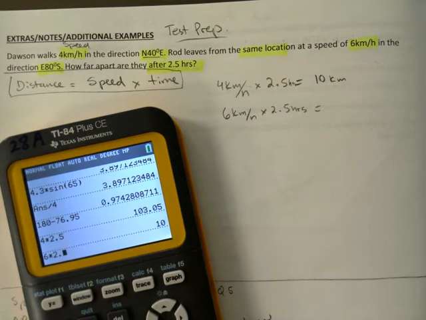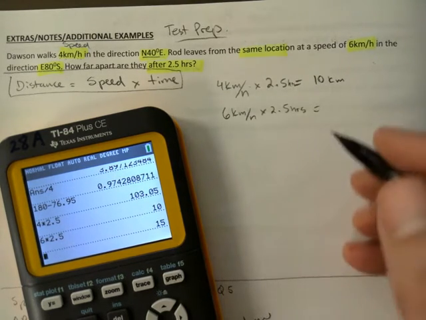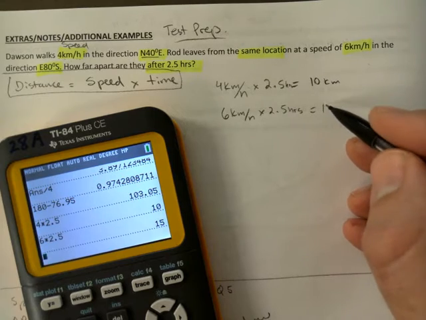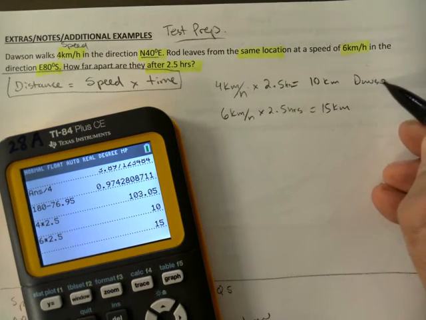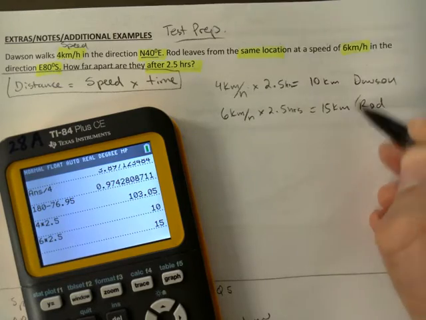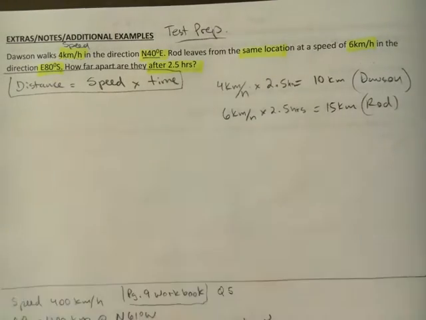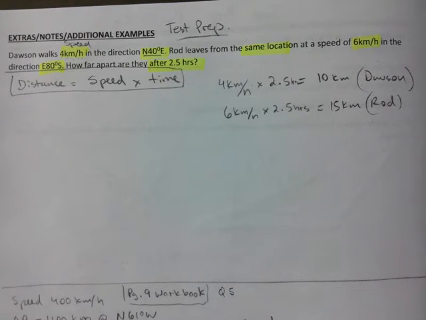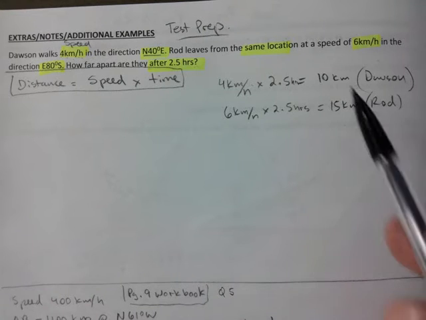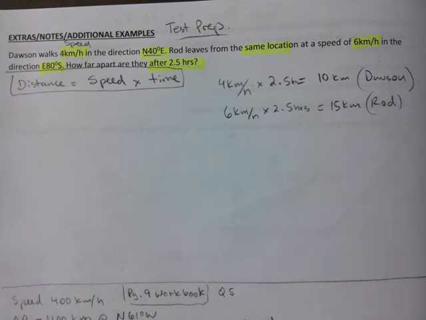And then 6 times 2.5 is 15 kilometers. So this is for Dawson, and this is Rod, right? So we actually now have a distance. We took care of the speed and the time. So after 2.5 hours, these are the respective distances that were traveled. So let's get it out of the way, and let's get back to our question now.